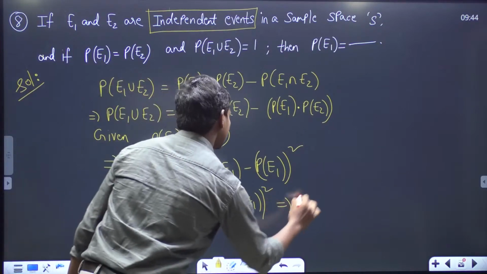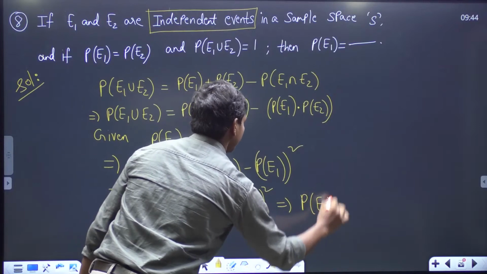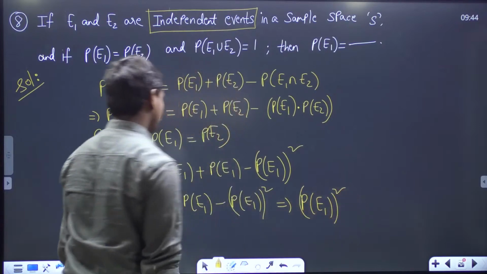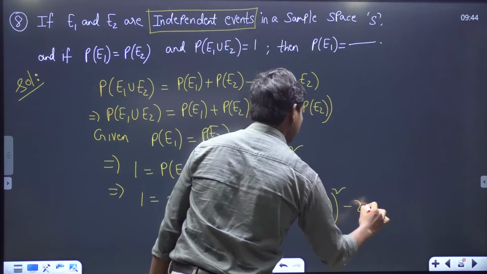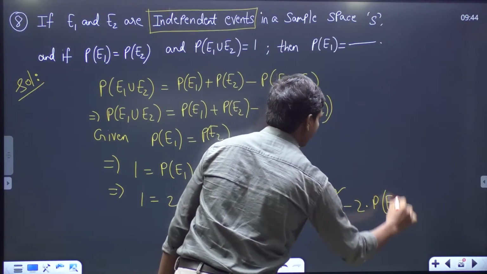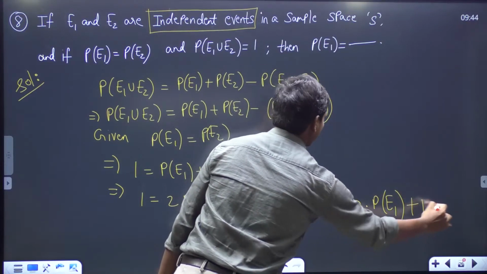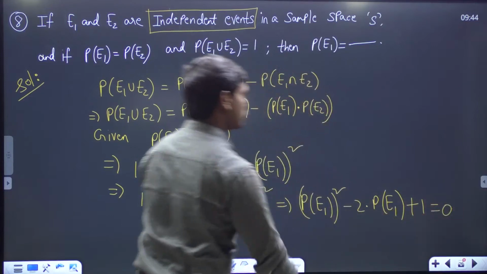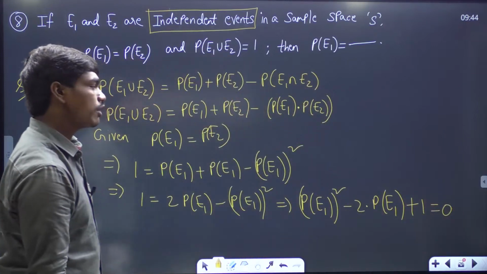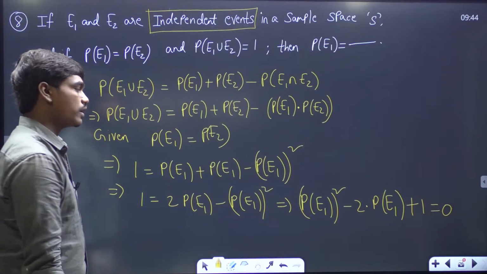This implies P of E1 whole square minus 2 times P of E1 plus 1 is equal to 0. So probability of E1 is equal to 1.